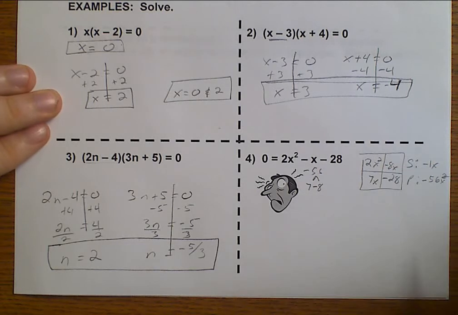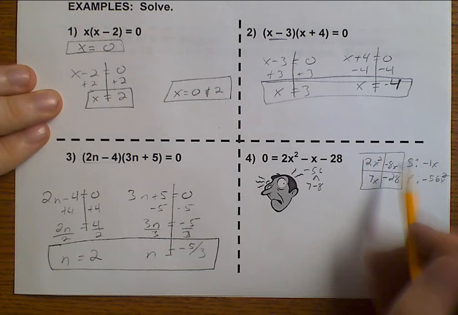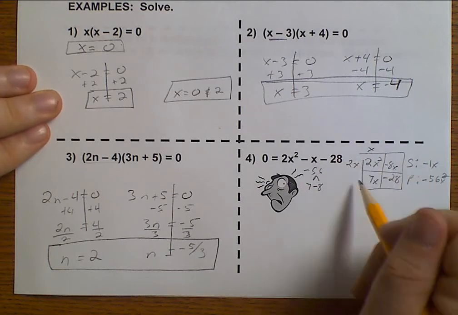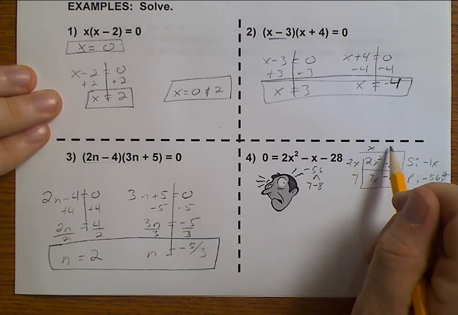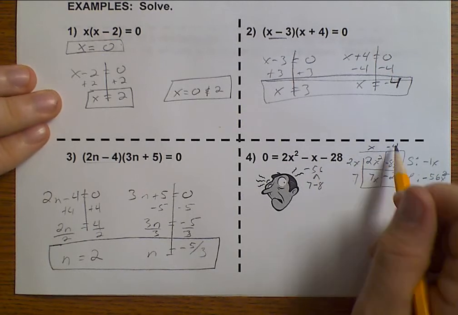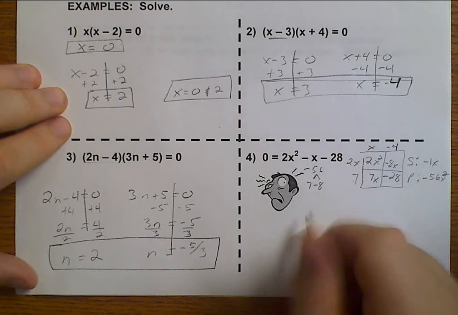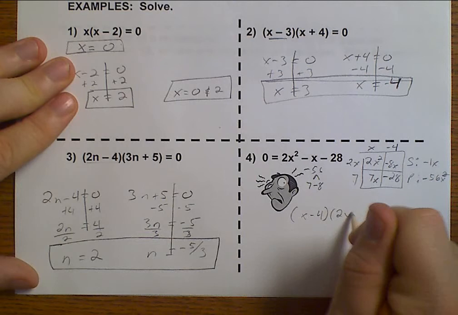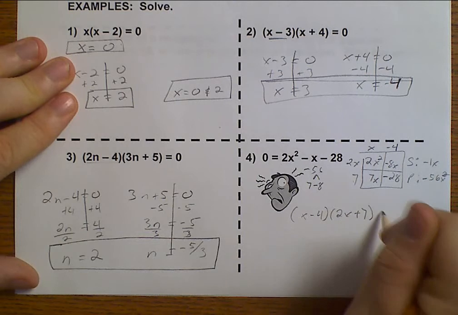To factor it, 2 will go into 8, so 2x and x. X times 7 is 7x, and 2x times negative 4 is negative 8x. And 7 and negative 4 give me negative 28. So my factors are x minus 4 and 2x plus 7. This equals 0.